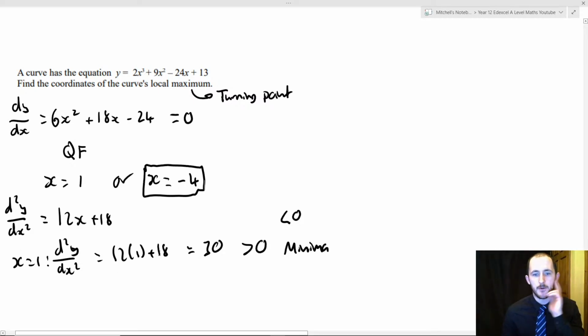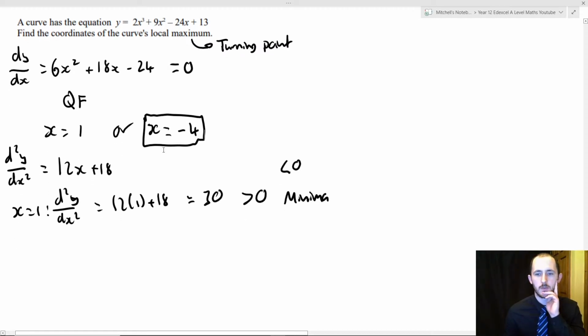So now, how do we find the y coordinate? Well, it's simple. We sub it into the very original equation, and that's where students mess up, because you're subbing into three different equations. We've used this one to work out two values of x, and we've subbed into this third equation.